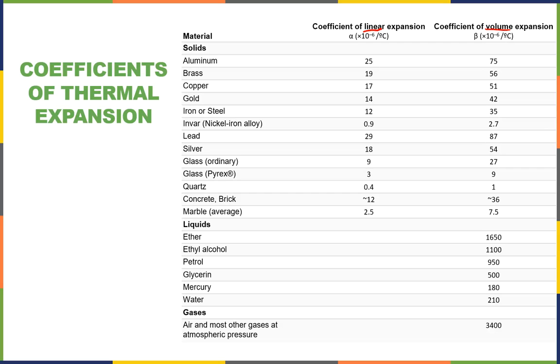That's off by 1. 17, you can see that there's some slight variation, but essentially this number is 3 times this number. Liquids, there is no linear expansion to liquids because the liquid is a bulk material. So we only have its volumetric expansion.